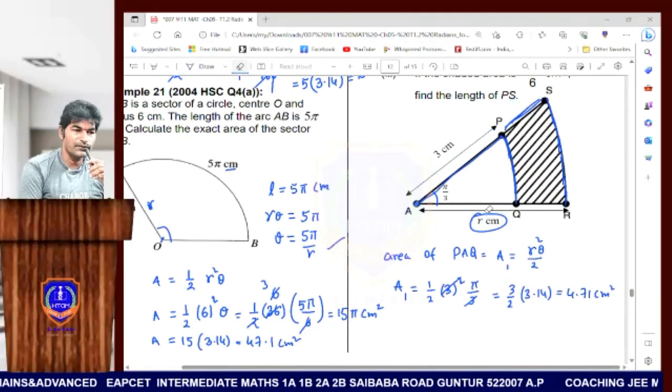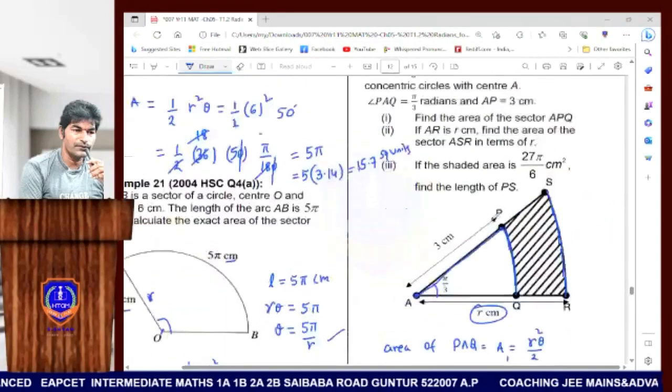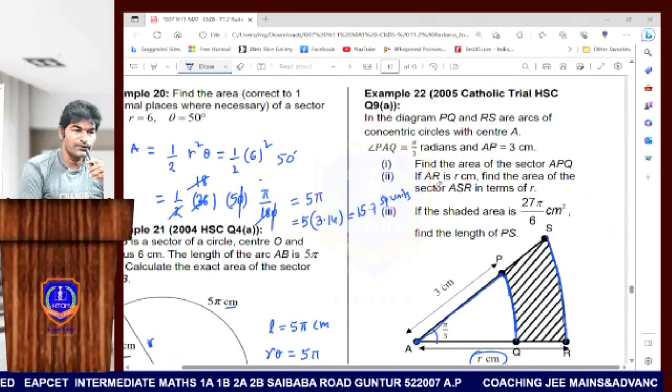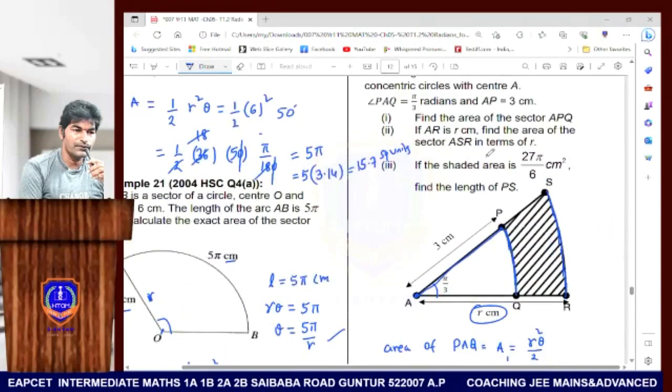So first we will calculate that radius and later we will find the other measurements. If AR is R centimeters, find the length of the arc ASR, in terms of R.